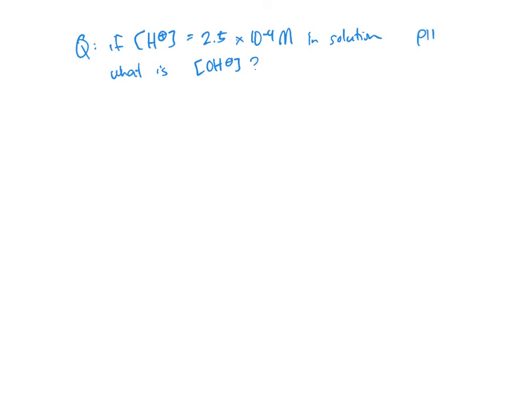So we're going to be looking at pH and pOH, and remember the two of them always sum to 14. Remember, Kw is equal to 10 to the minus 14, which is equal to the concentration of protons times the concentration of hydroxide. We can fill in half of this equation.